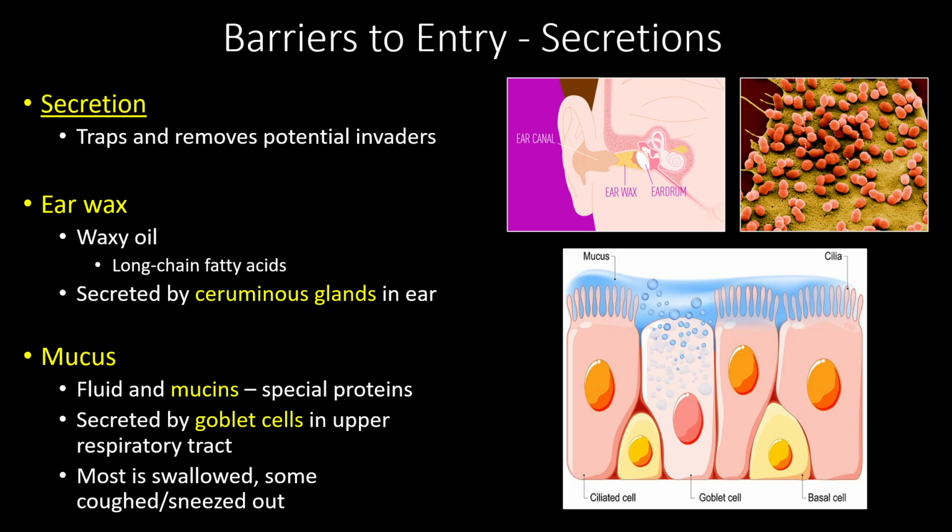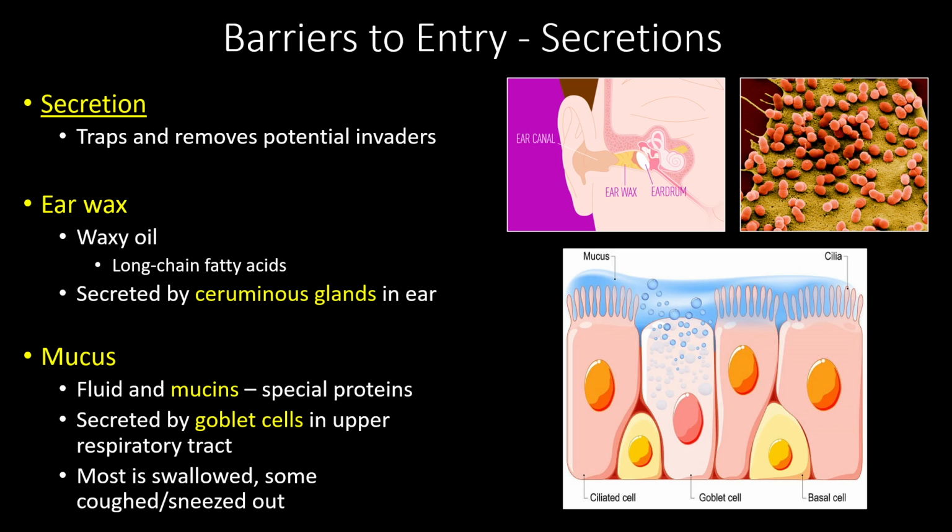It's got a lot of long-chain fatty acids that give it this very waxy structure. This is really good because bacteria might naturally move through the ear, either by swimming through liquid that makes its way into the ear, or by being blown into the ear.